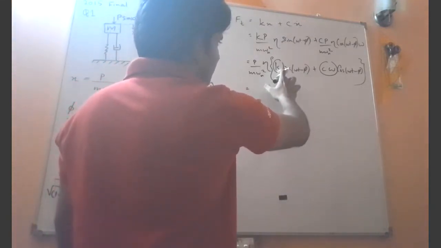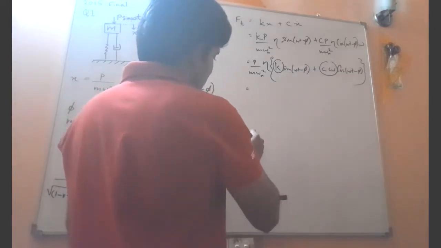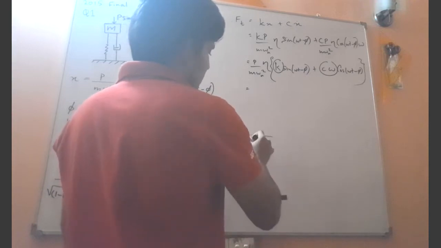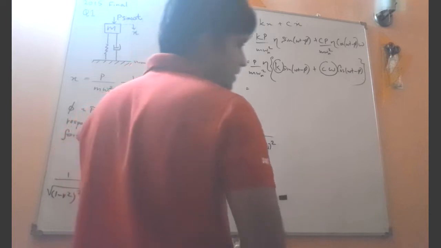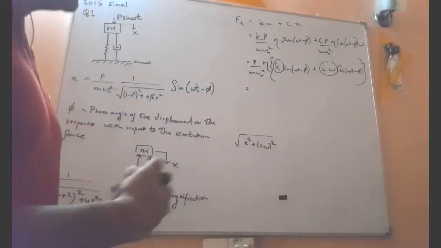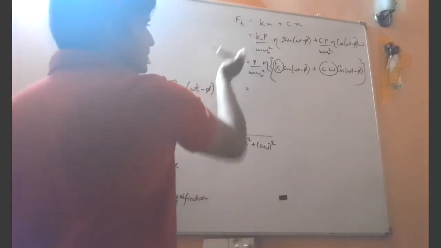Divide this k and this c omega by the square root of k squared plus c omega whole thing squared. If you do such a thing, you have to introduce the same thing to the numerator over here.